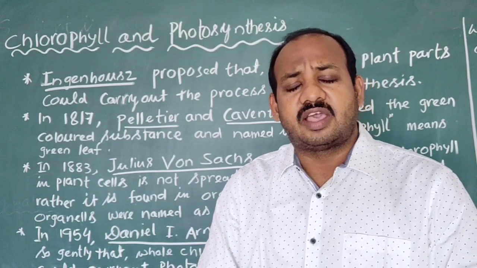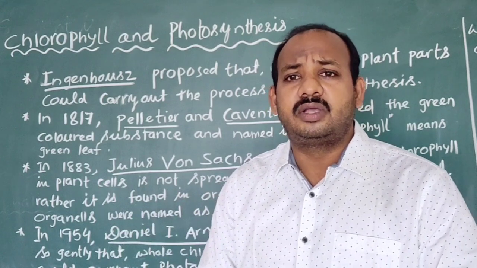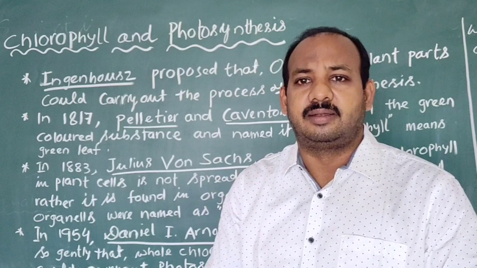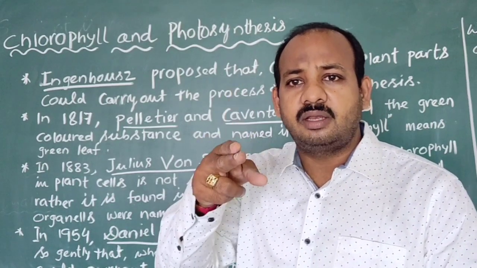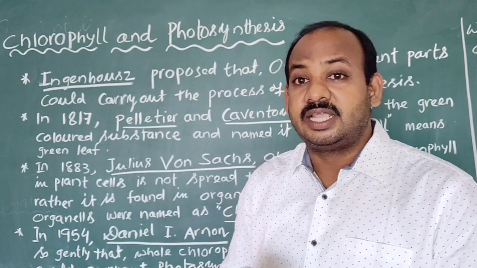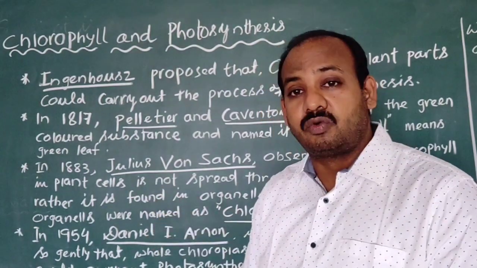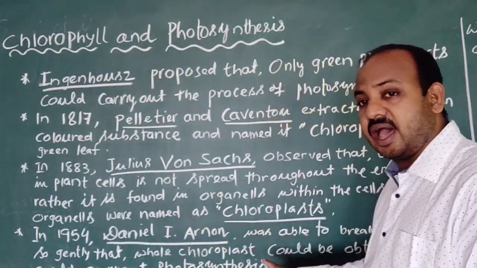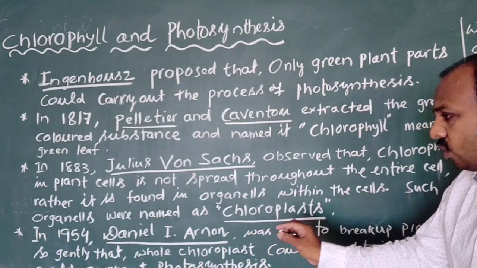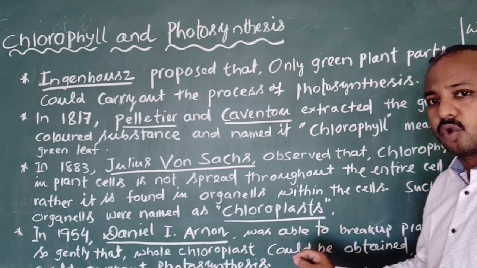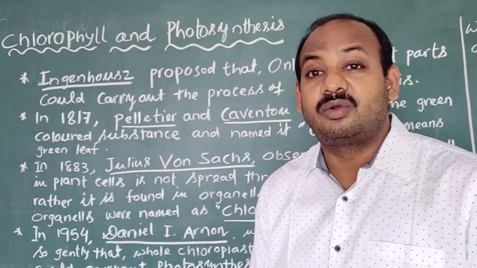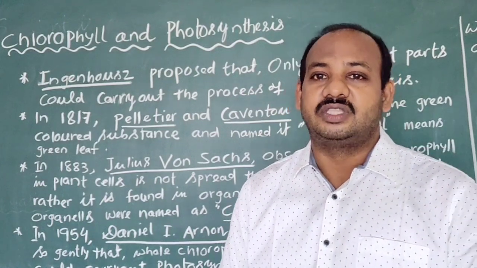For several years, it was very difficult to extract the intact chloroplast from the plant cell. Whenever the plant cells were broken, the chloroplasts were also broken. But in 1954, Daniel I. Arnold was able to break up the plant cell so gently that the whole chloroplast could be obtained, which was able to carry out the process of photosynthesis.